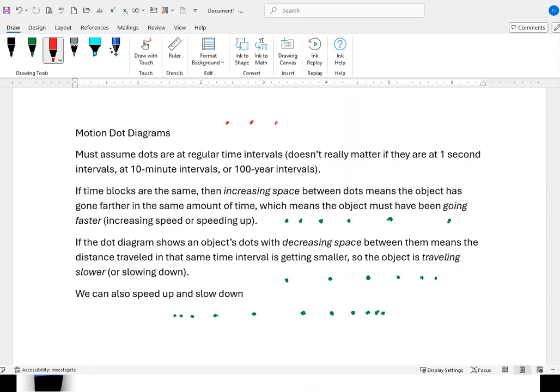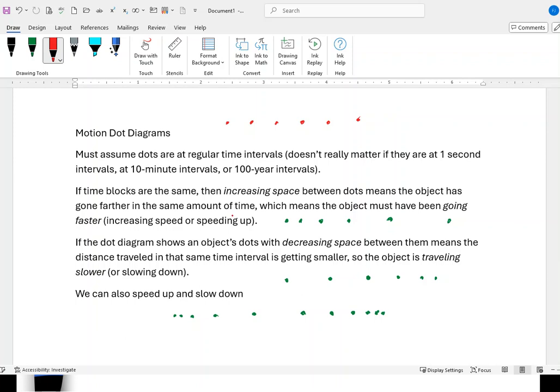As you're going, you're seeing little dot here, little dot here, little dot here, and we're going to assume that these drops of fruit punch are coming out at regular intervals. Now, what that regular interval is doesn't itself matter, as in it could be every 1 second, or every half a second, or every 3 seconds. That's not important.